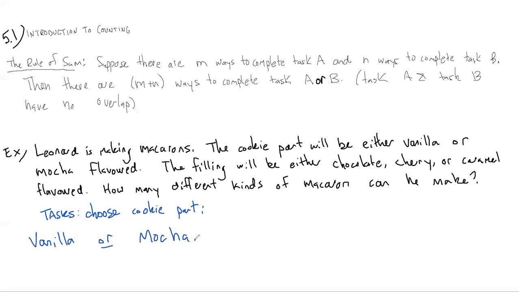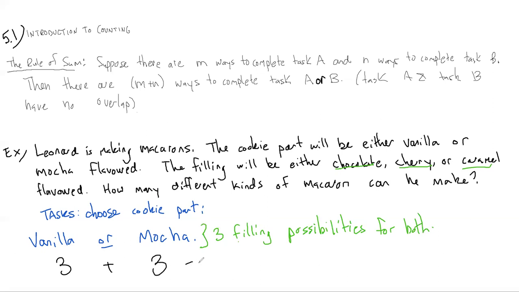And so yeah, now we want to think about how many different options there are for these. So for both, there are 3. And so what we're going to have here is 3 plus 3, which is going to be 6 different varieties.